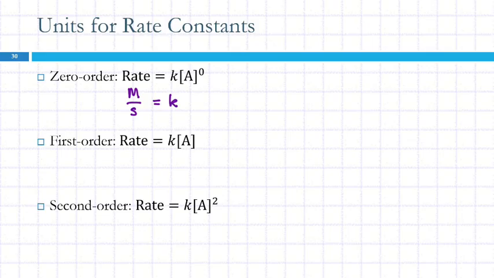So let's look at this one. Again, the rate is molarity per second. We don't know what the rate constant is. And now the concentration is in molarity. Depending on how you view things like this, divide by M on both sides or cancel the M's out, you're left with 1 over second, s to the minus 1.